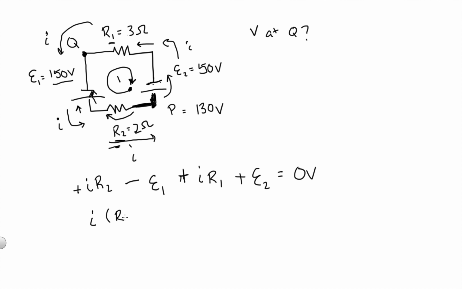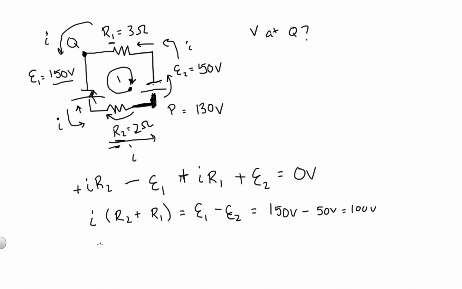So that's I times R2 plus R1 equals E1 minus E2. I'm going to bring terms together. And that's going to be 150 volts minus 50 volts, or 100 volts.